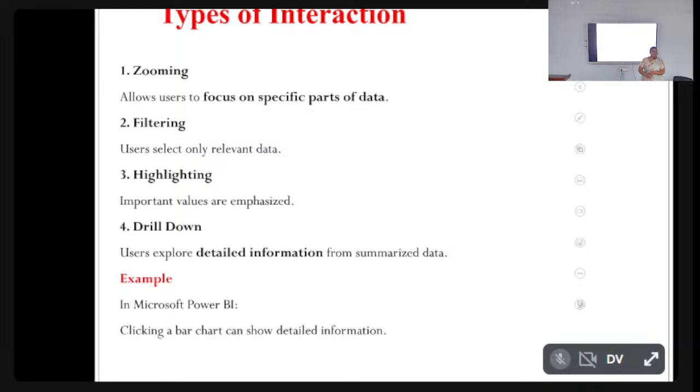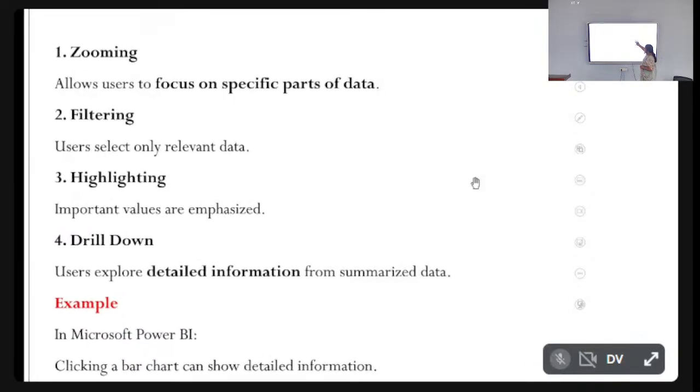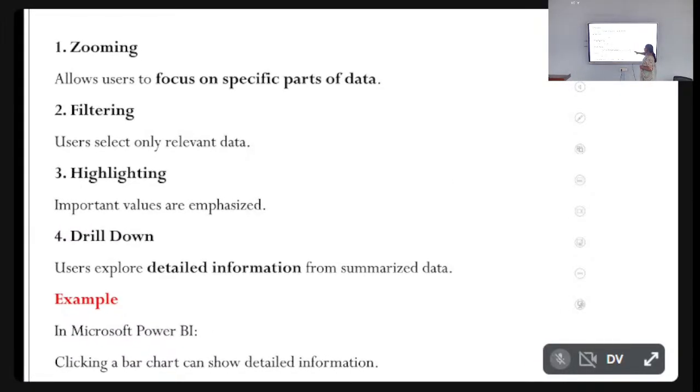Yes, please write down types of interaction. So what are the different types of interaction you're doing here? One is zooming the data, right? First type of interaction is zooming. So what did I do just now?